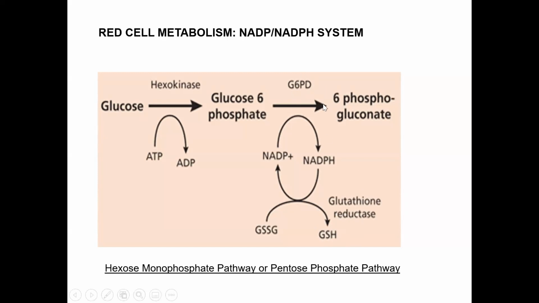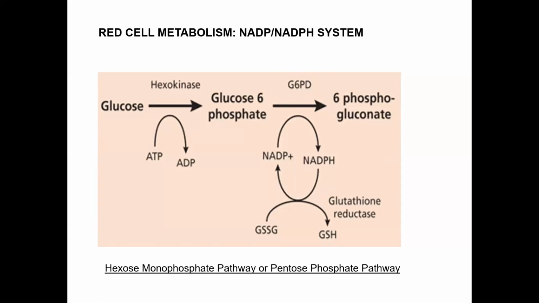There are individuals who lack the G6PD enzyme, glucose 6-phosphate dehydrogenase enzyme. They may have an abnormal form of that, and those individuals are prone to suffer from hemolysis, or conditions where the red cell lifespan is reduced because of that deficiency.